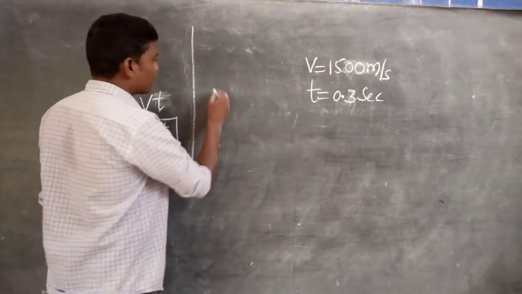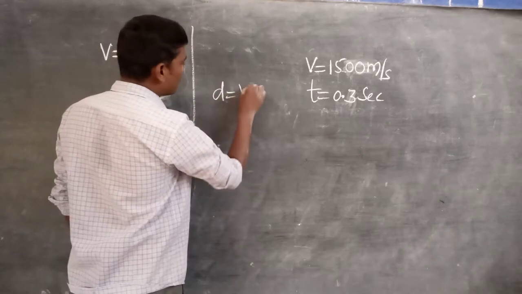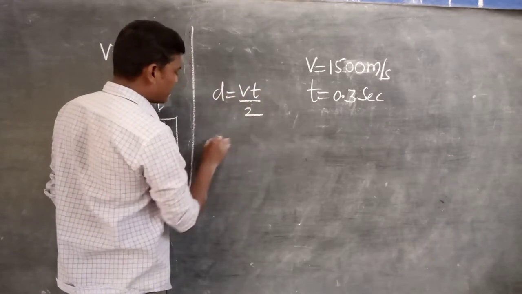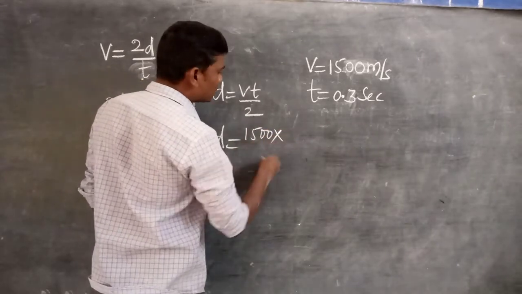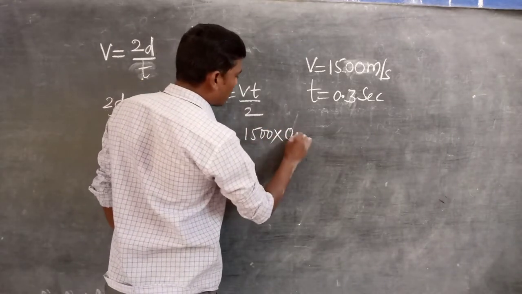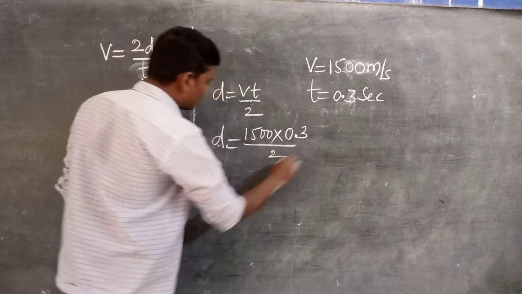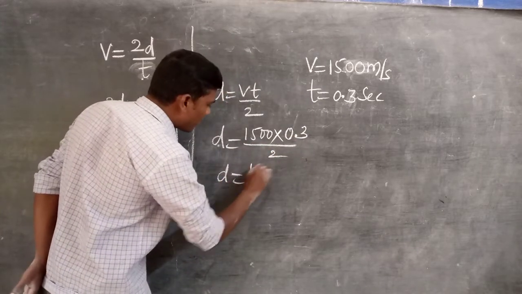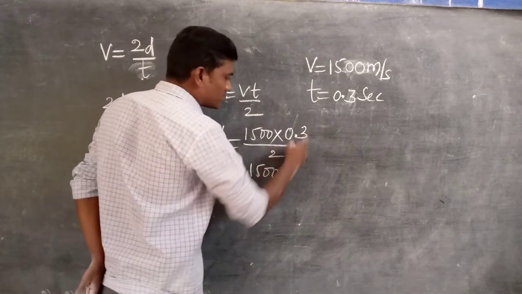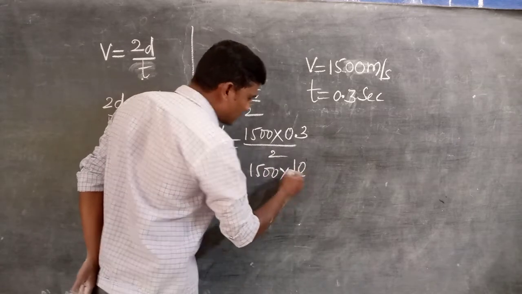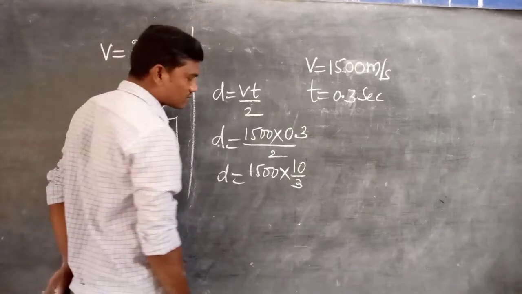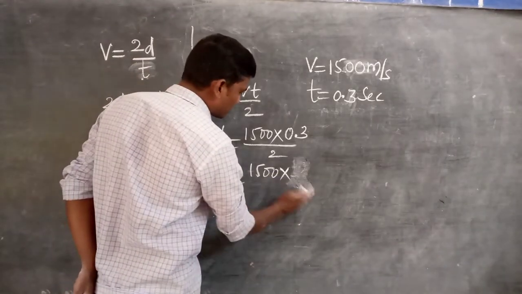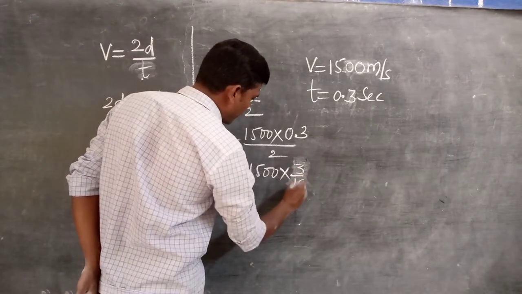This value is substituted here. So D is equal to Vt upon 2. Then D is equal to V, which is 1500, into 0.3 upon 2. We write 0.3 as 3 by 10.